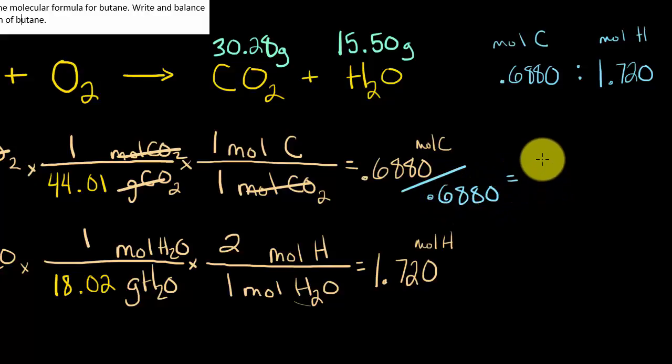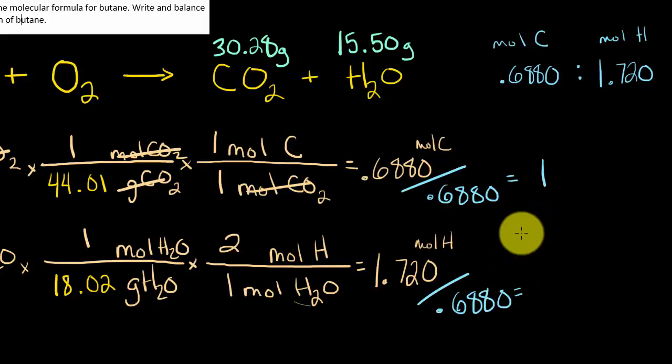And in doing that, we get the whole number 1. Now if we divide the moles of carbon, the smaller number here, by itself, then we must also divide this one by the smallest number, so that we can reset this ratio to at least 1 to some number of moles of hydrogen.